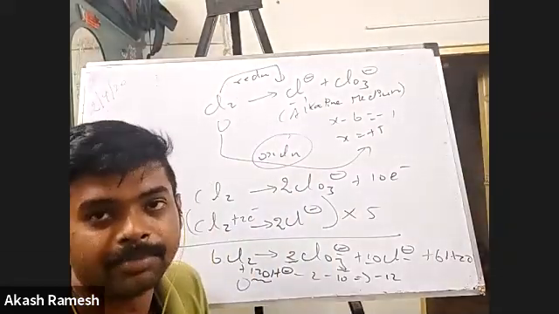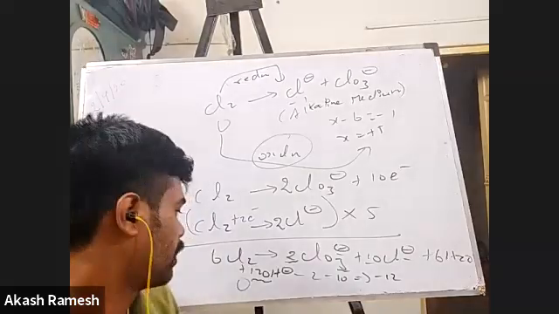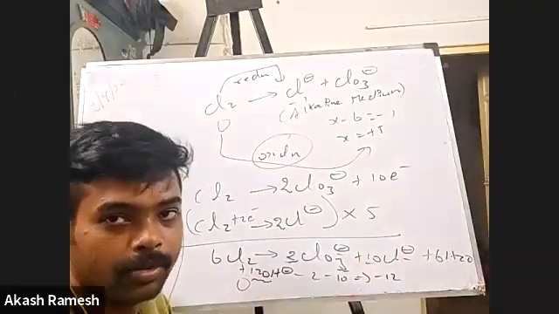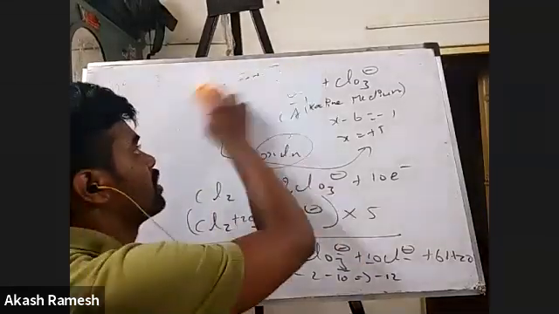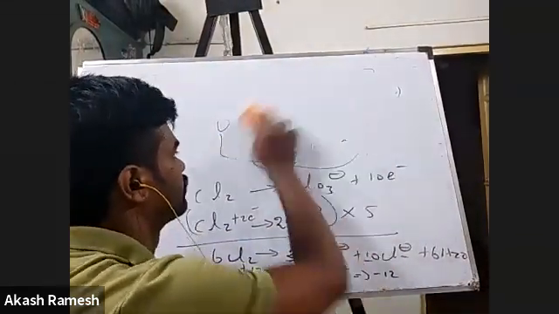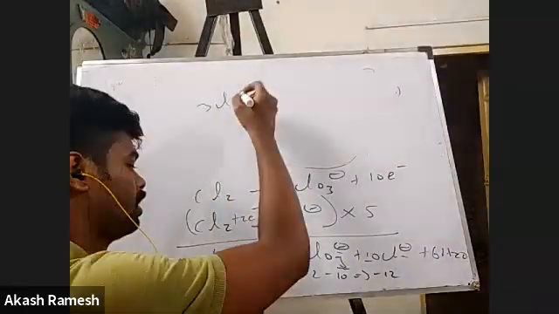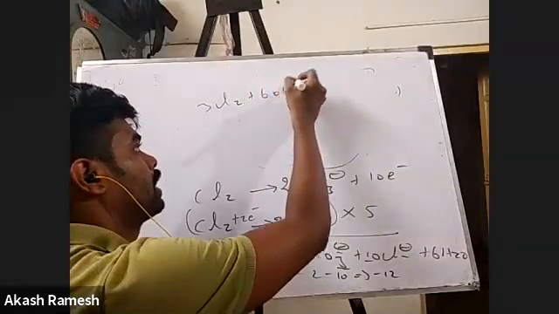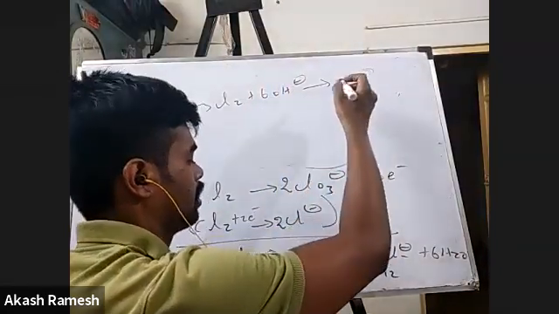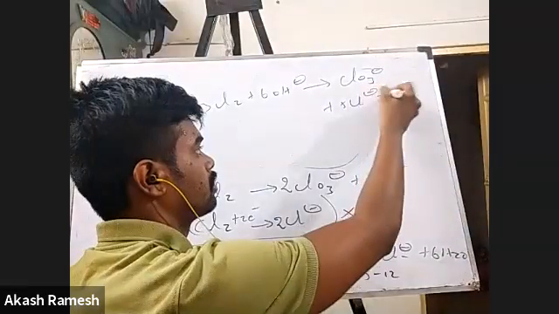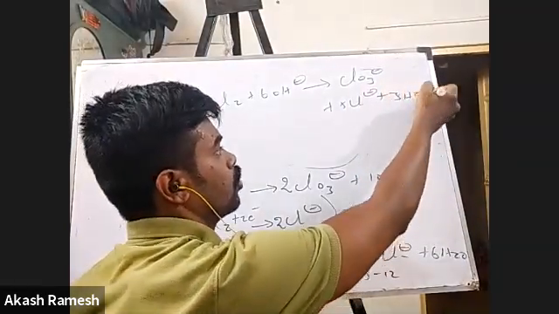But still, you can simplify it, right? Exactly. I'll be able to simplify because you can see 6, 12, 2, 10, 6, all are divisible by 2. So if I simplify this equation, can I say it is 3Cl2 plus 6OH minus gives ClO3 minus plus 5Cl minus plus 3H2O.